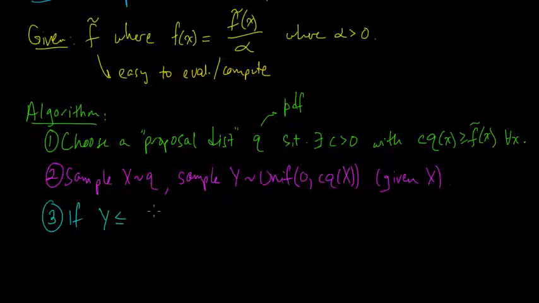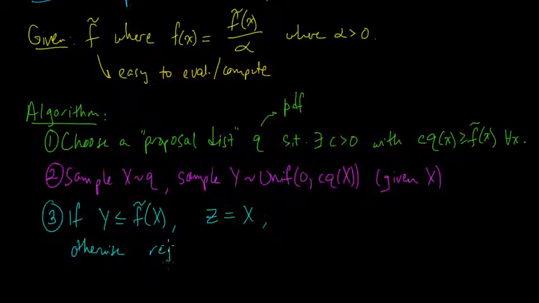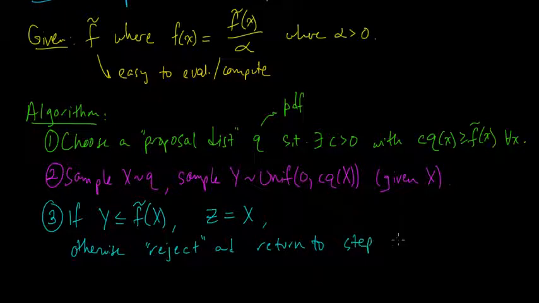We'll be rejecting depending on what happens with y here. If y is less than or equal to f tilde of capital X, then we take some new random variable Z to be equal to X, and otherwise we, quote unquote, reject this sample that we got from step 2 and return to step 2.